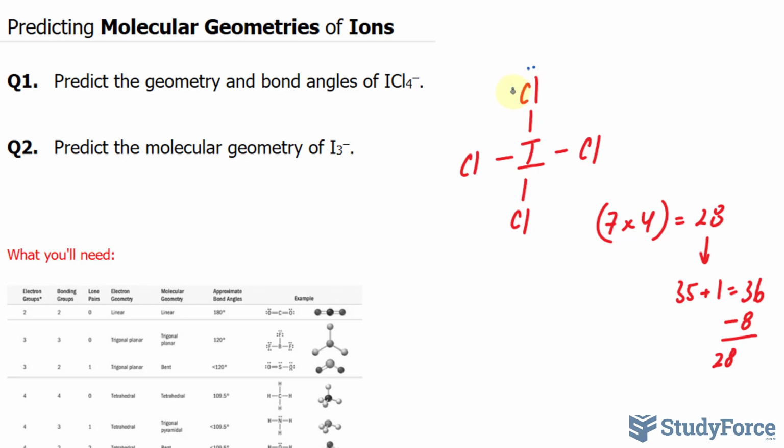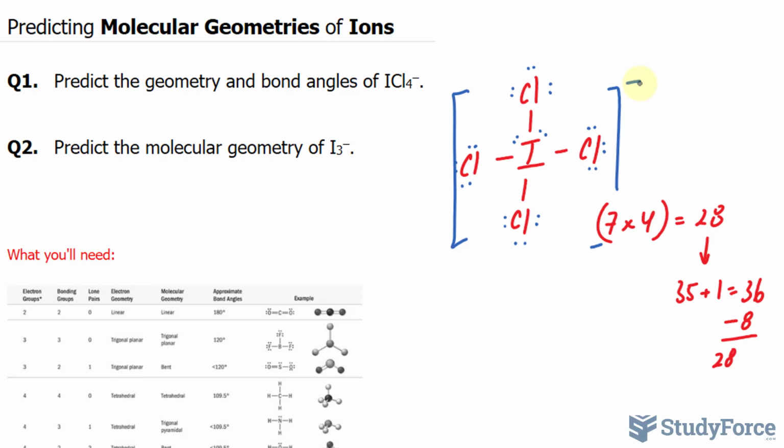So 1, 2, 3, 4, 5, 6, 7, 8, 9, 10, 11, 12, 13, 14, 15, 16, 17, 18, 19, 20, 21, 22, 23, 24. This means we have 4 more to work with, and those 4 will actually be lone pairs of the central atom. What you see on your screen right now represents the Lewis structure for this molecule.